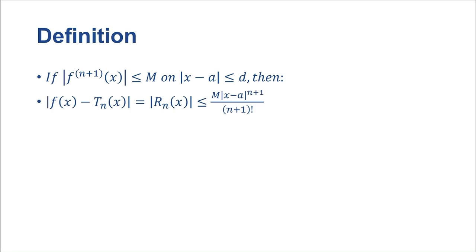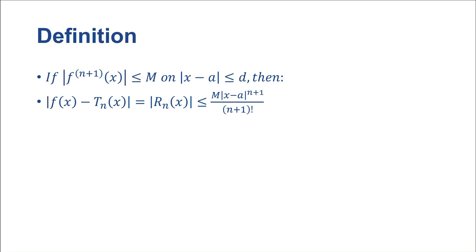Then we can say that the difference between our function value and our nth degree Taylor approximation value is equal to the nth remainder, the absolute value of the nth remainder. And the absolute value of the nth remainder should be less than or equal to M times the absolute value of x minus a to the n plus 1 power over n plus 1 factorial.